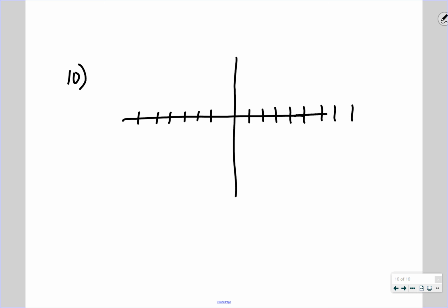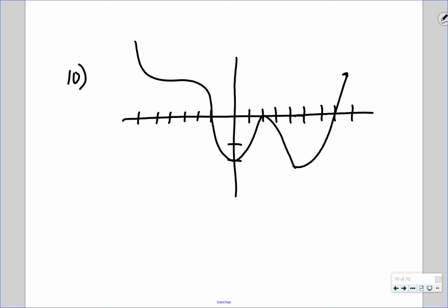What describes f on the same interval? So to draw this one, sure.